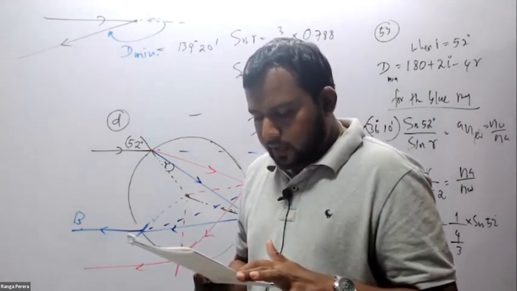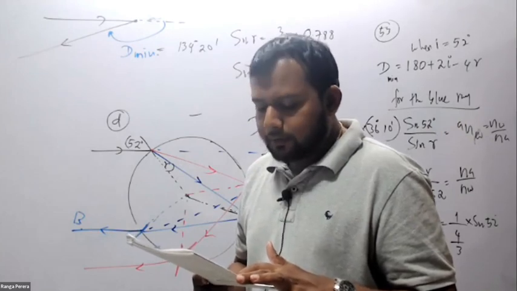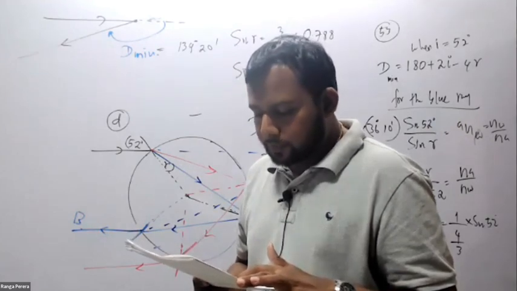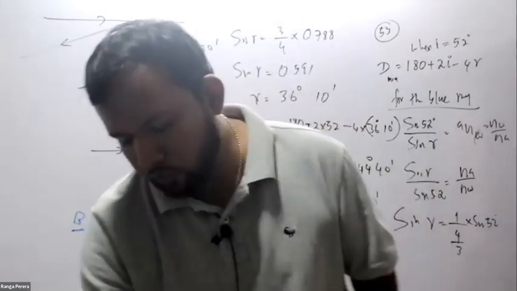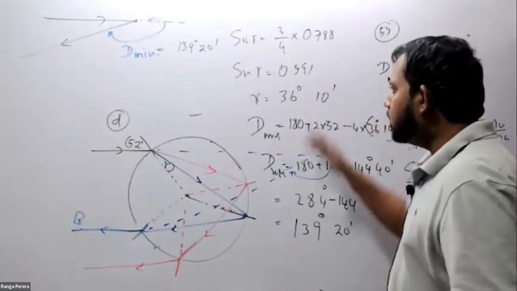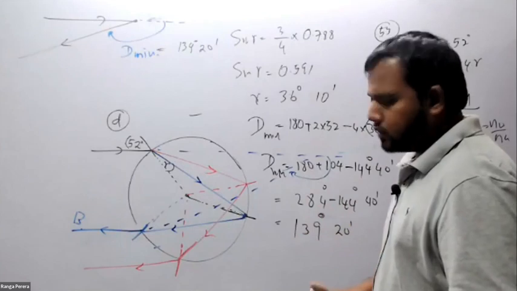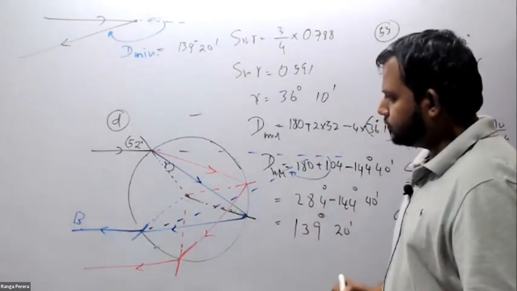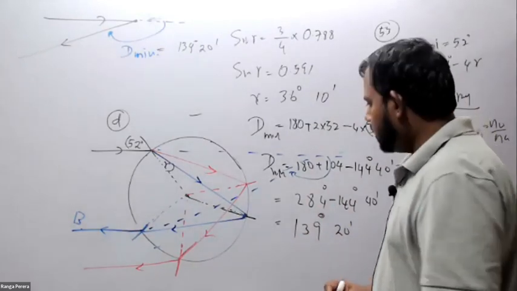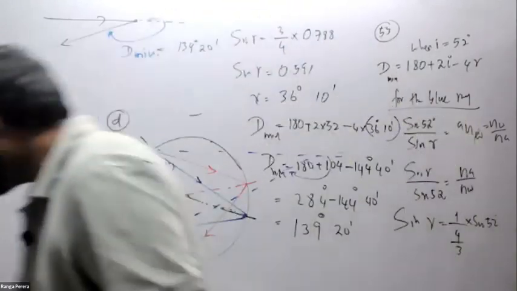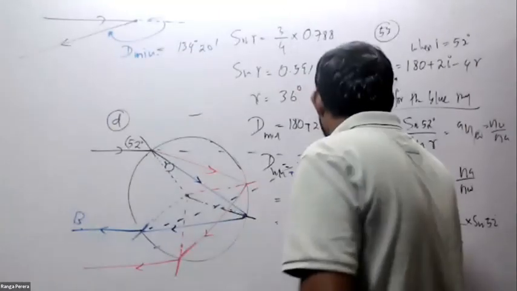Assume the light ray, assume i equals 52 in your ray diagram drawn in part D above, mark D minimum. They want us to mark D minimum. Can I erase the board? Right. I try to mark the D minimum value.